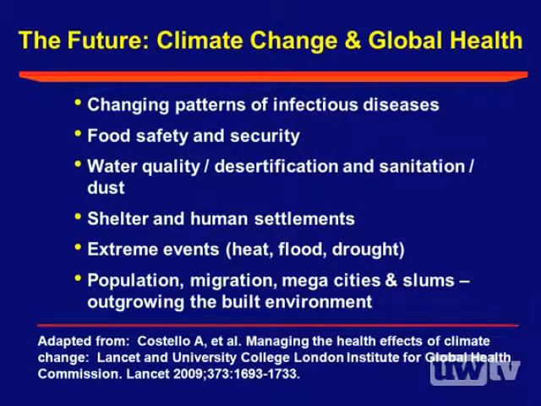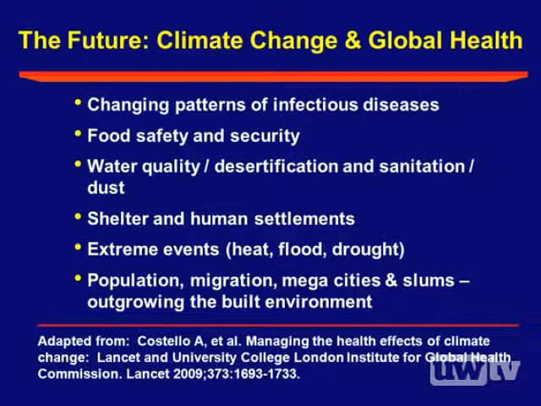Changing patterns of infectious diseases, changing vectors for infectious diseases, dengue recently coming into southern U.S., food safety and security, water quality with water becoming depleted, countries that are already dry becoming deserts, and related problems with sanitation, difficulties with shelter and human settlements, and then with extreme events, extreme floods, drought, and heat, the resulting mortality.